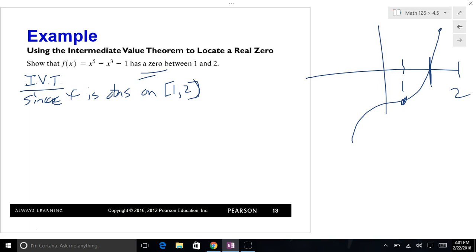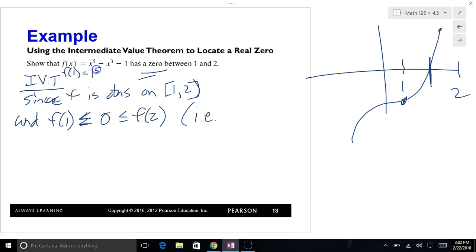Since we're continuous on this interval from 1 to 2, and 0 is less than or equal to f of 2 and greater than or equal to f of 1, in other words, f of 1, if I was to plug 1 in, I'd have f of 1 up here.